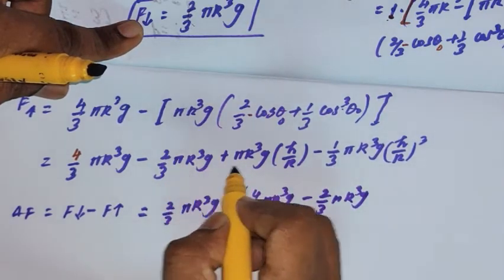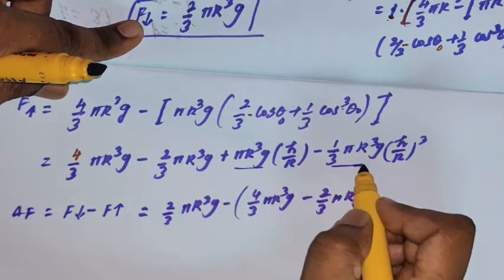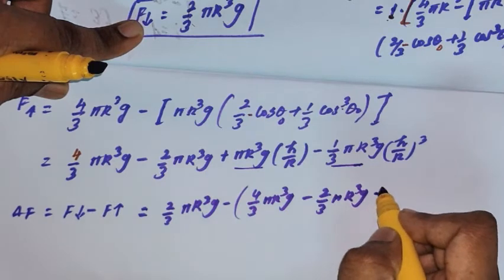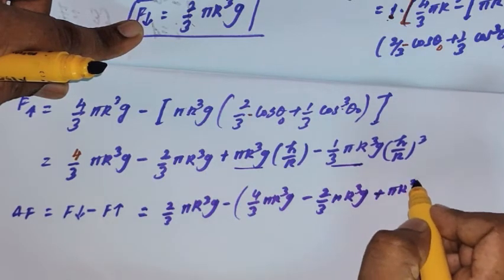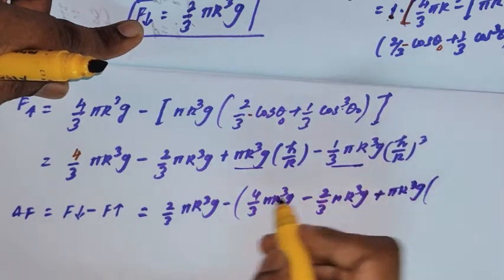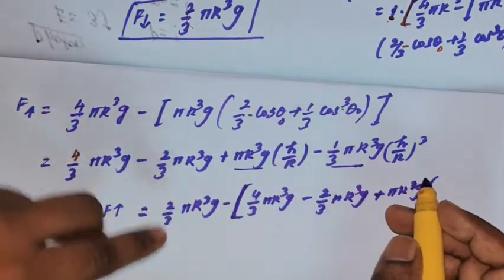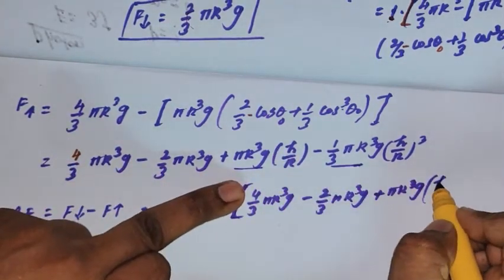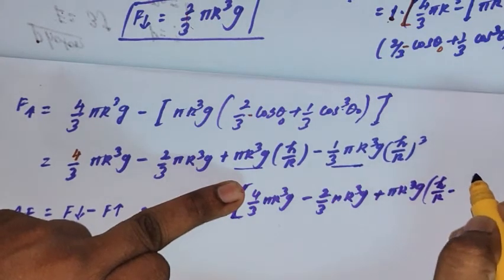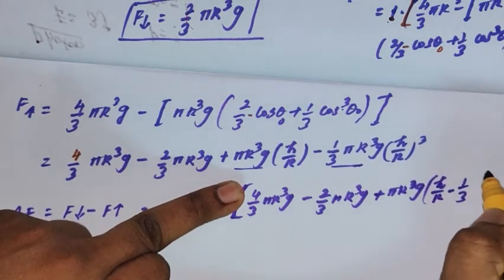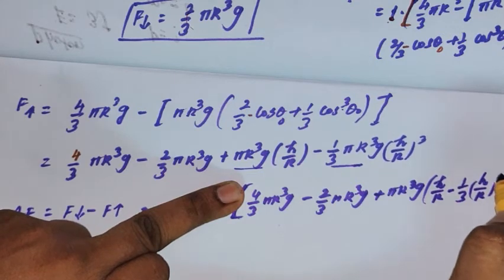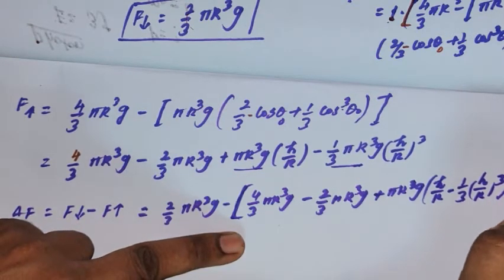You can take the pi r cube g outside, so plus pi r cube g, if you take it out you can make a bigger bracket, it will give h by r minus 1 by 3 h by r whole cube, that's it.